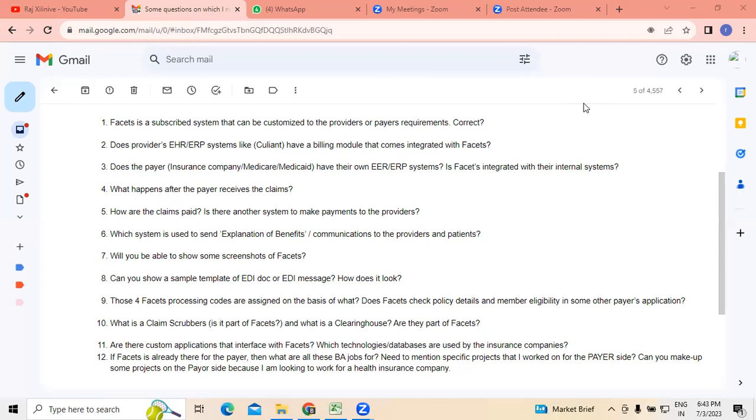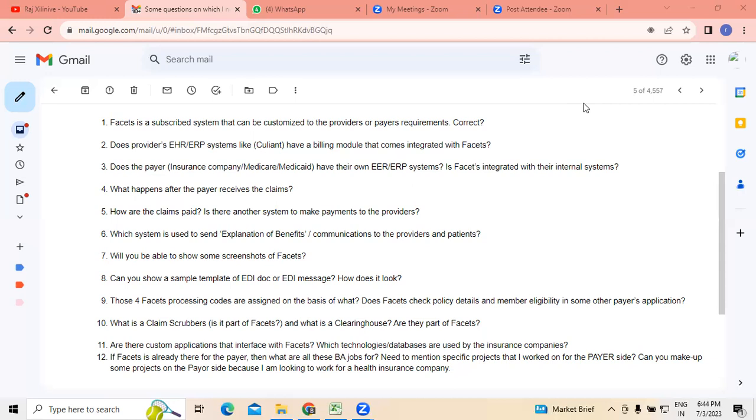Now, if an organization wants to insure their employees, what do they usually do? They will have an association with an insurance company, if it is private insurance, which will come up with customized plans.